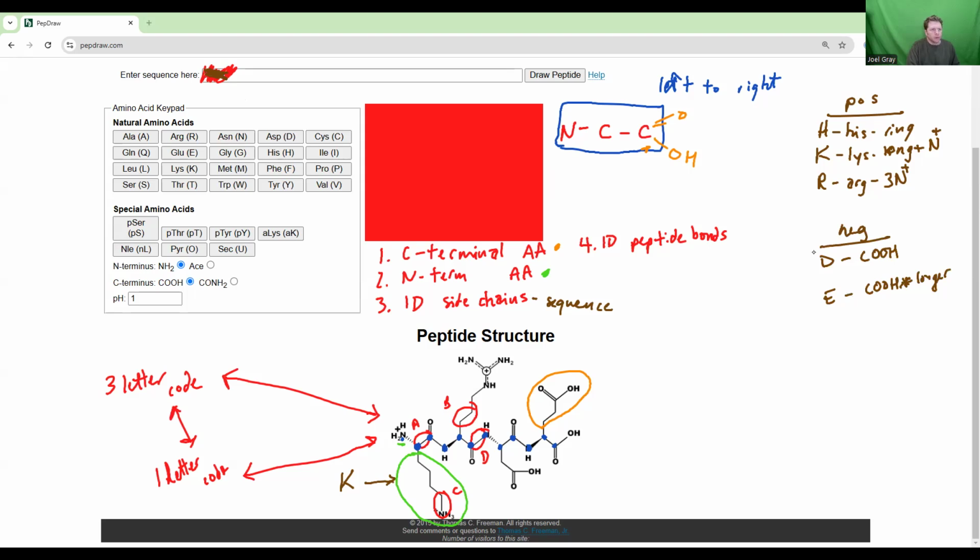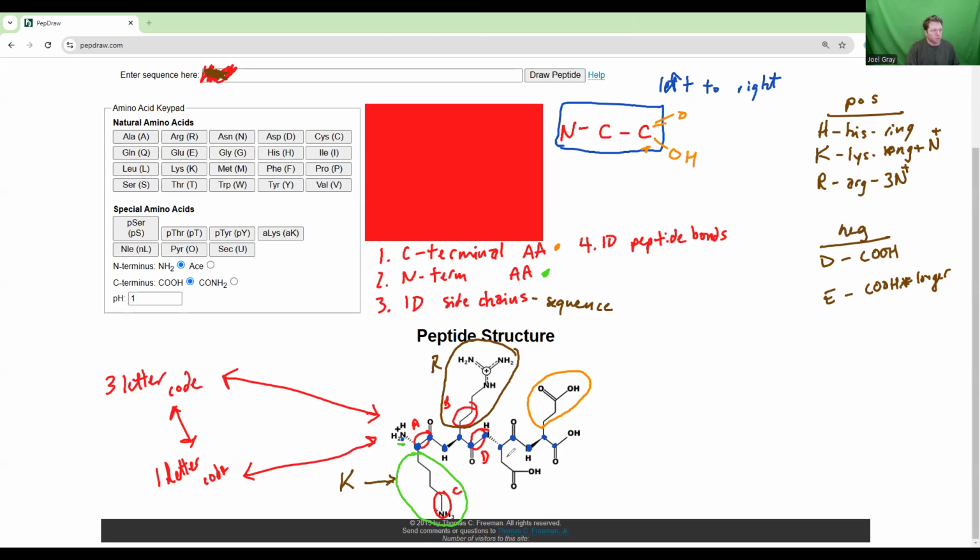Okay. Now, when we look at that and use that as our guide, this next R group is positive. It's not lysine because we've already accounted for that. It's not a ring, so it is arginine.